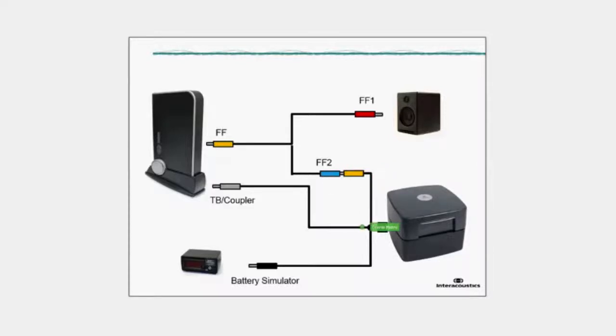You can then connect the TB coupler or the microphone for the coupler into the TB coupler jack on the Callisto, and then you have the option to attach the battery simulator into the battery simulator jack should you wish to purchase this. On doing this, you need to ensure that you're configuring your software correctly within the general setup to allow this to function correctly.